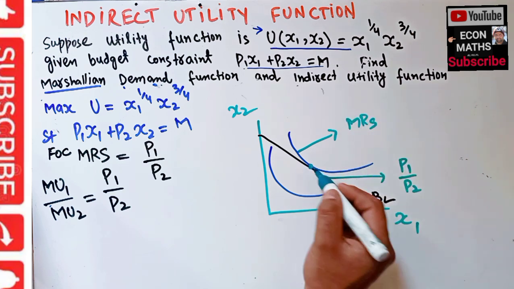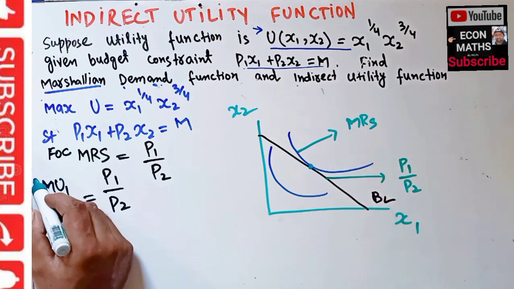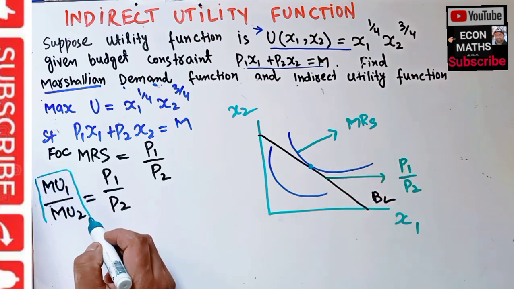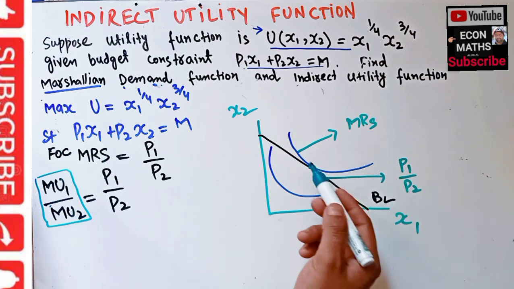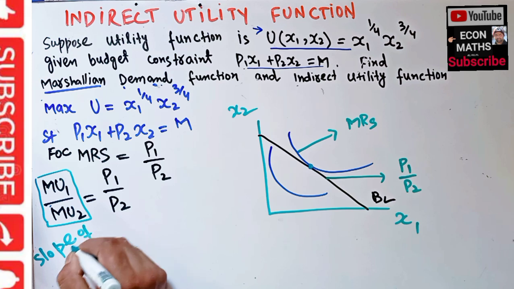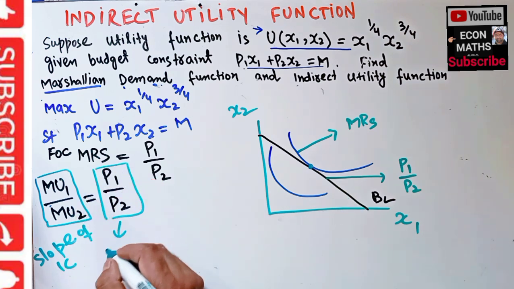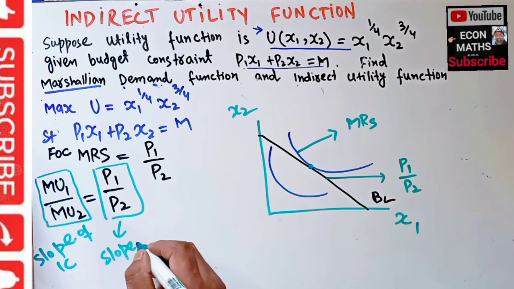So tangency requires that the slope of the indifference curve, which is MU1 upon MU2, should be equal to the ratio of the prices, that is, the slope of the budget line.